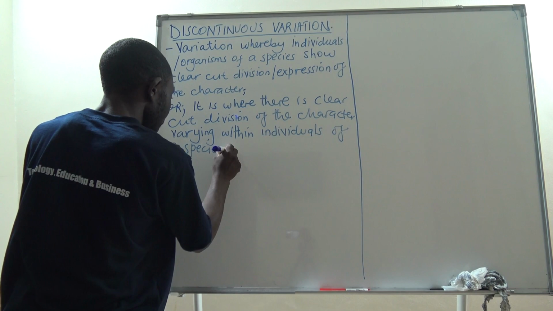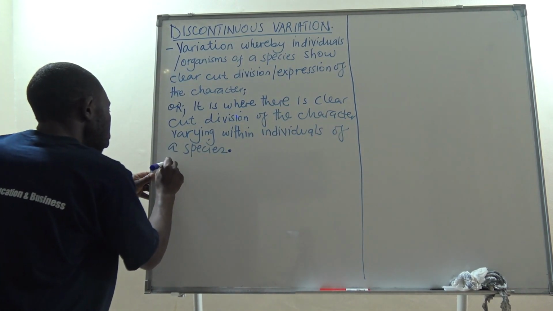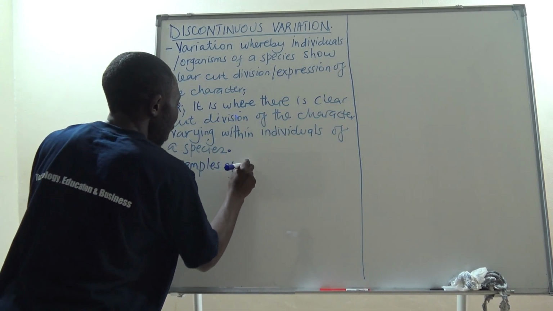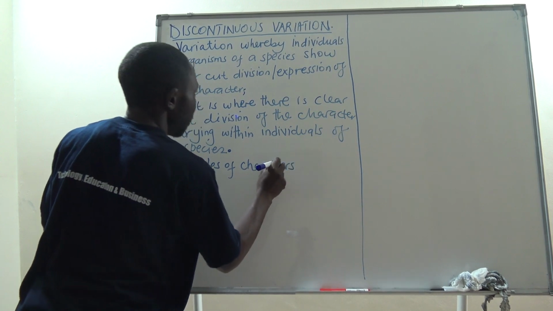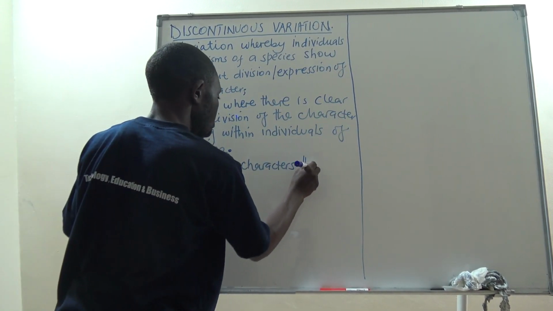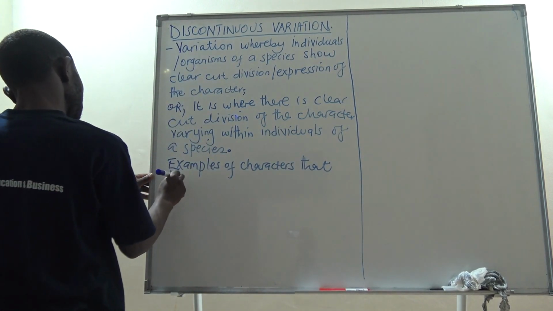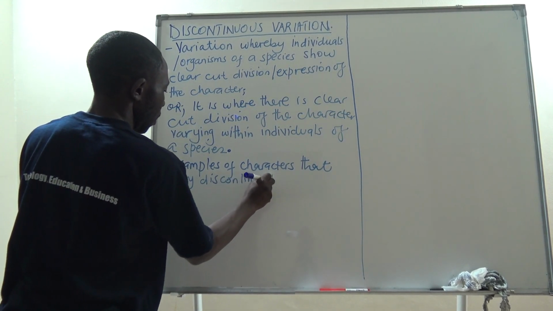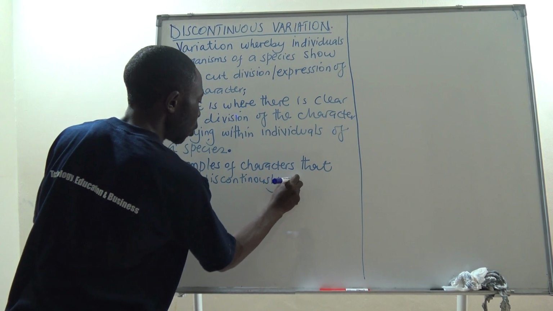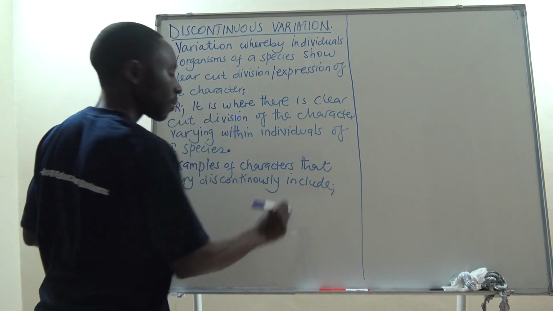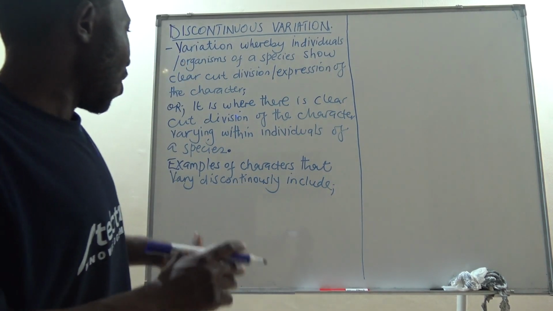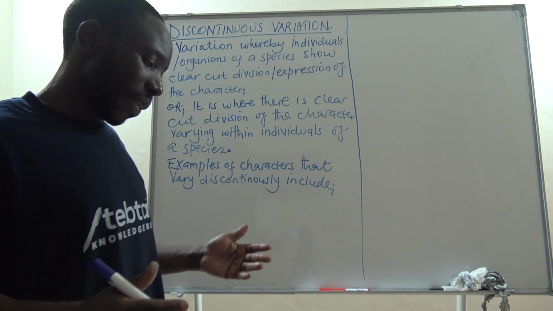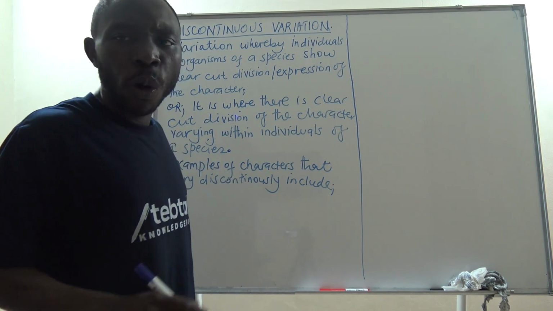So here we can write examples of characters that vary discontinuously include: one is sex, such that one is either male or female.